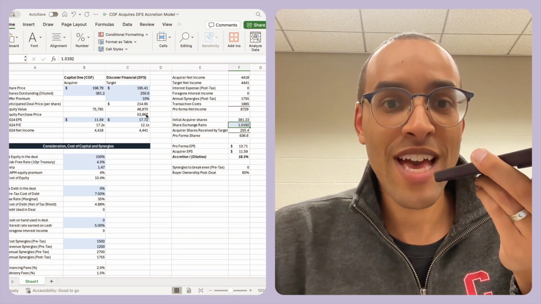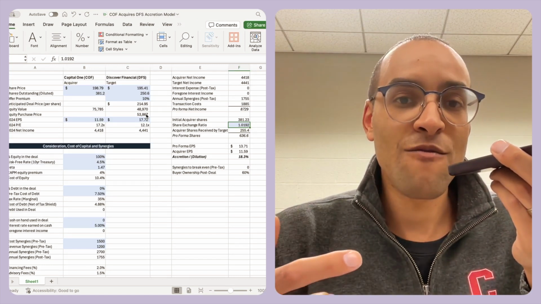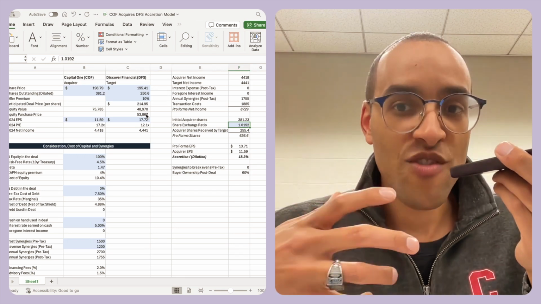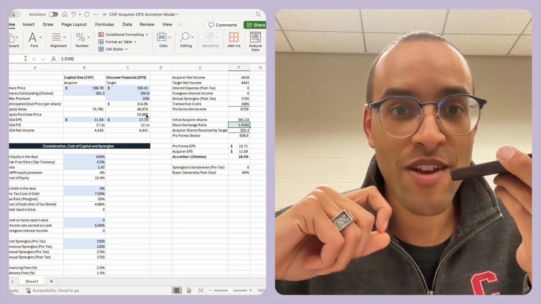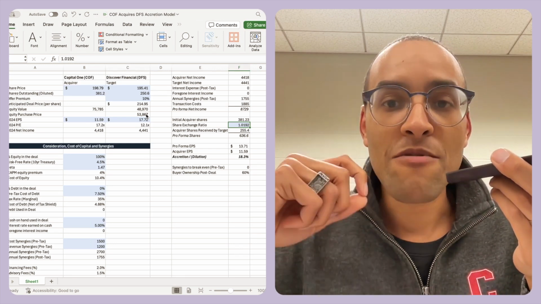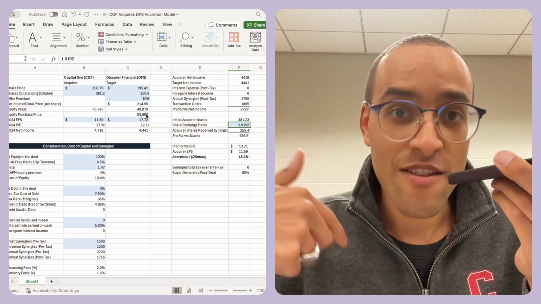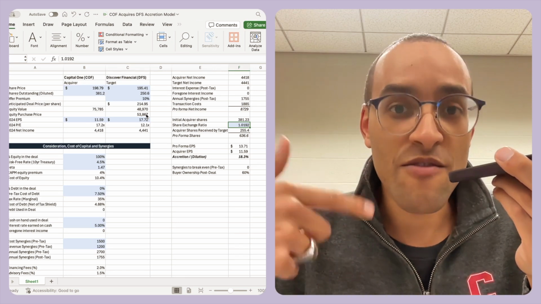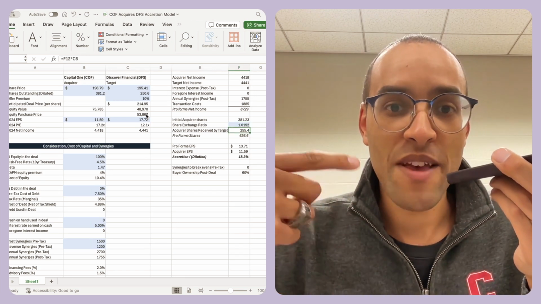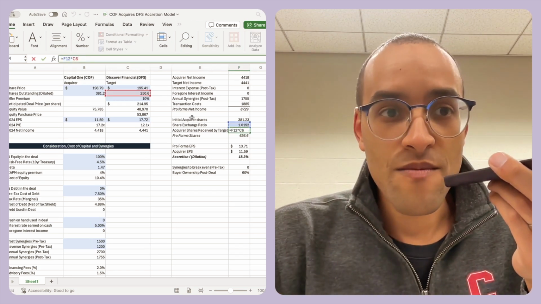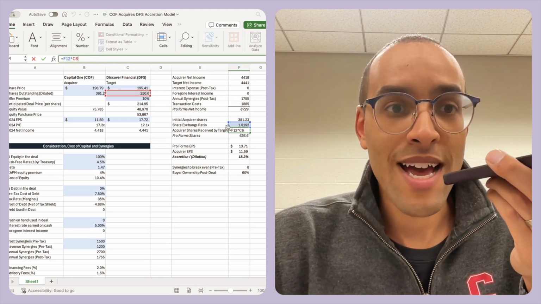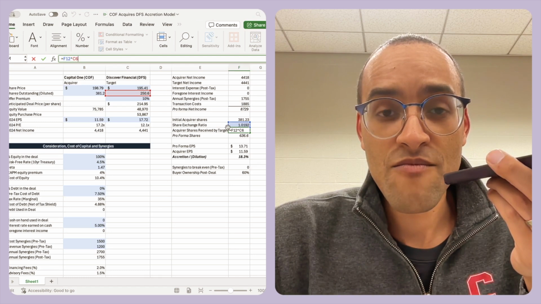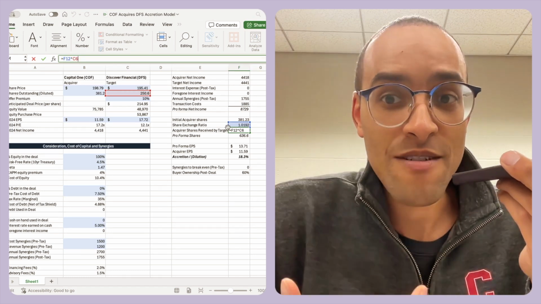So they're creating new Capital One stock in exchange for basically destroying all of these Discover Financial shares. So using this information, we can calculate the number of shares that the Discover shareholders are going to receive based on this ratio. So this is very simply the exchange ratio multiplied by the number of shares outstanding for Discover.